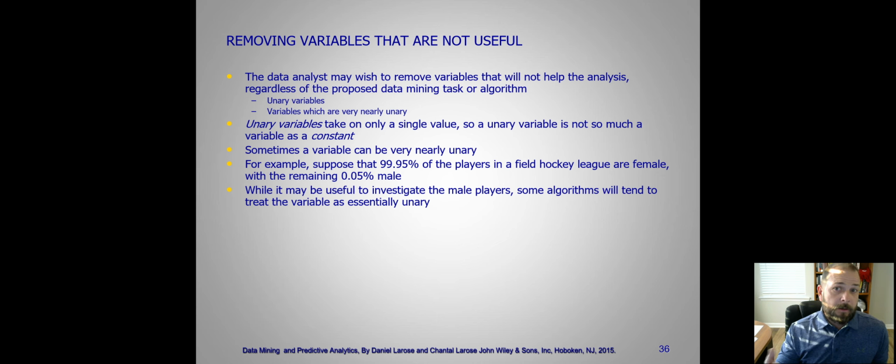That's nearly a constant. And so sometimes that may not be necessary or may not draw much inference. It could, maybe, I don't know, if we were trying to draw inferences on male field hockey players on a female team or something. But maybe that wouldn't be useful for looking for trends in a unary data set.